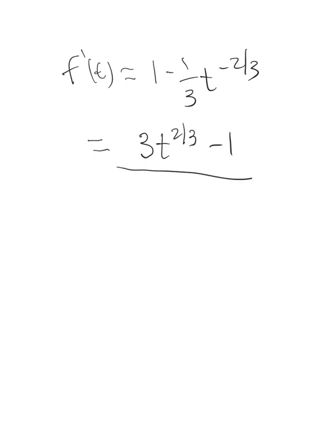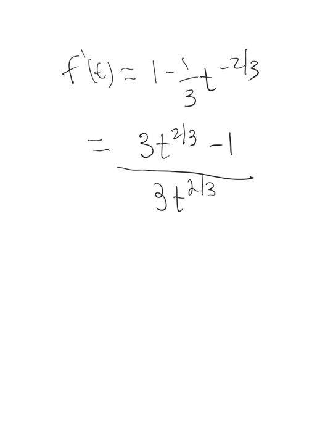Again, f prime of t is 1 minus 1/3 t to the -2/3. So what I want to do is rewrite this as a single fraction, and that would end up being 3t to the 2/3 minus 1 all over 3t to the 2/3.